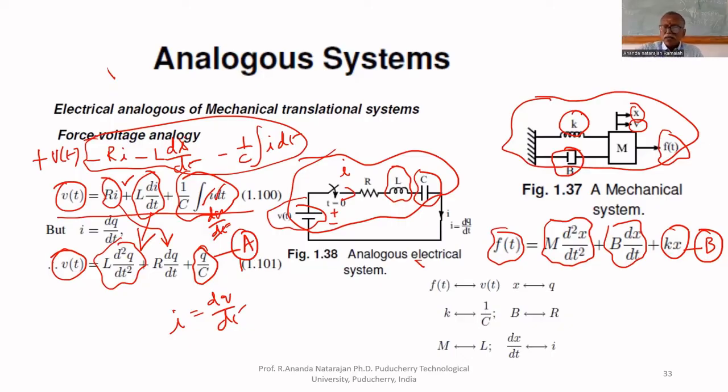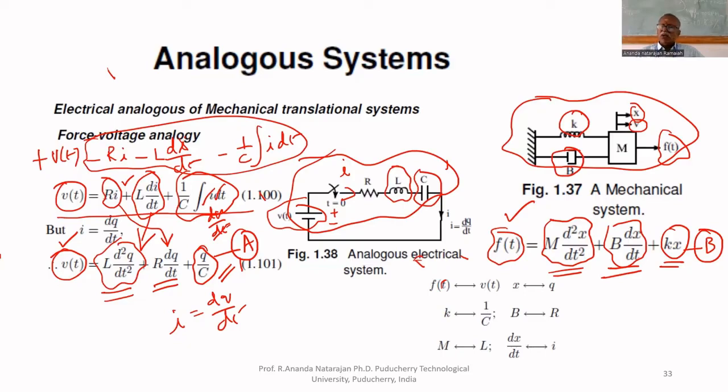Here f of t, here v of t; m d square x by dt square, here L d square q by dt square; b dx by dt, here r dq by dt; kx, here 1 upon c q. Both equations are identical, not equal. Identical equations are there.